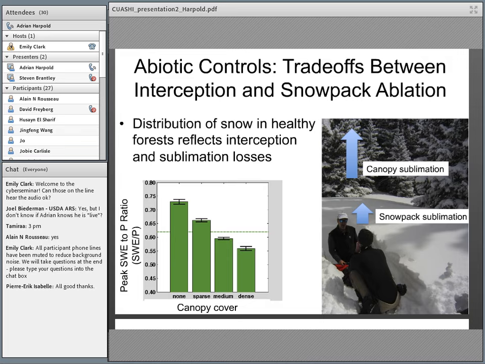Whereas when you move to an open or no forest canopy cover, you're seeing SWE to P ratios of more like 0.75, so about 25% of all the precipitation that fell is no longer there. But that suggests that because interception is a minor control in these open areas, we are seeing effects of snowpack sublimation. So while canopy interception seems to dominate a healthy forest in terms of net water inputs, we can see the effects of snowpack sublimation even in a healthy forest.